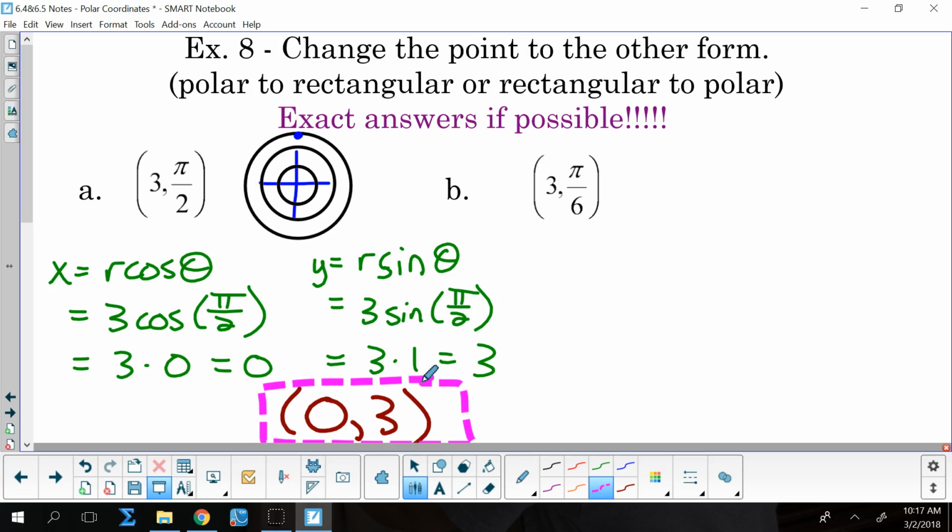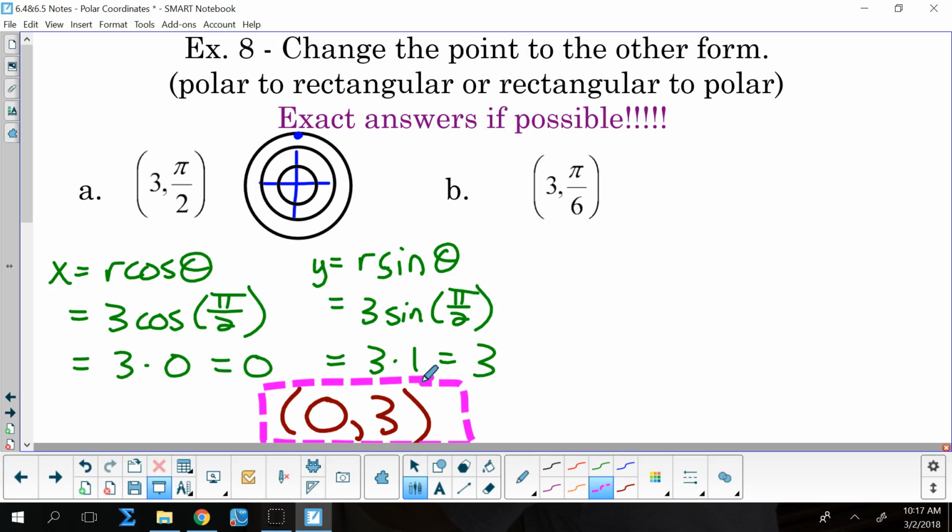We could put it in degrees, like just put it as 90 with the degree symbol on it. So how we type it in on our calculator makes a difference. If your calculator's in degrees and you type in the cosine of pi over 2, you're not going to get 0. So you have to pay attention to the mode of your calculator.